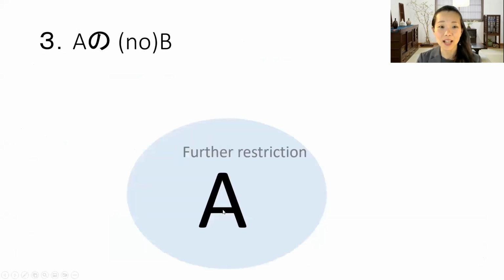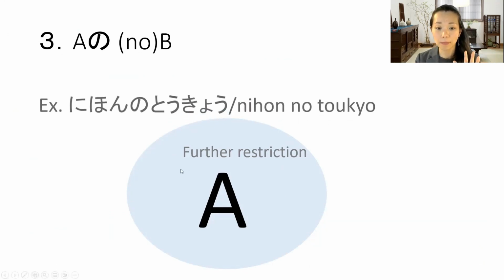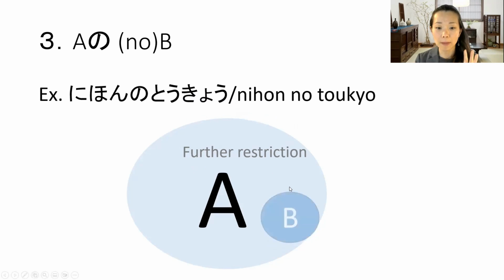Let's look at some example sentences. Before the examples, I want you to get some image of the particle の. の is a further restriction of some kind of group, and then you have the main idea of B. For example, 日本の東京. 日本 is the A part.